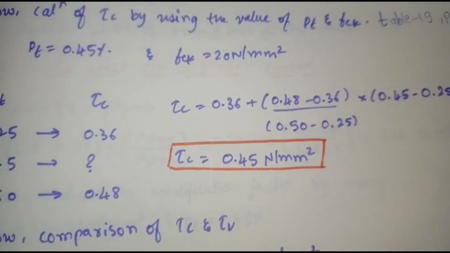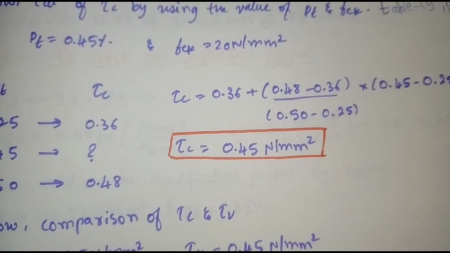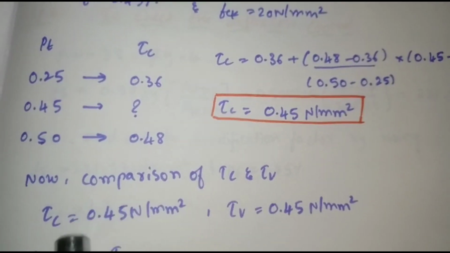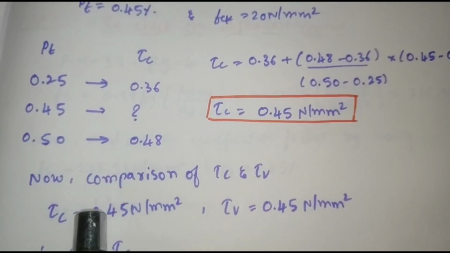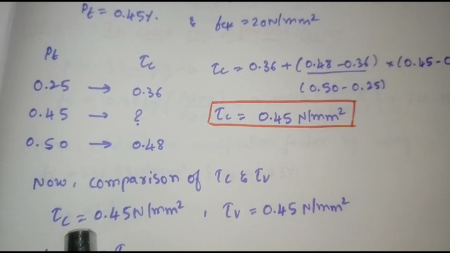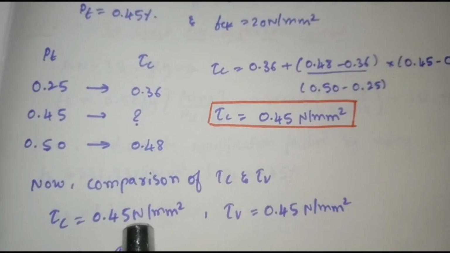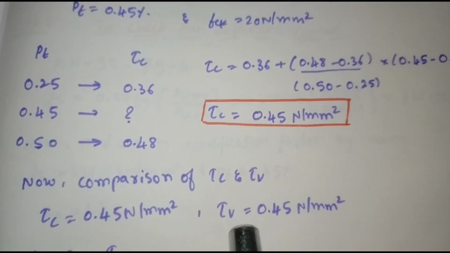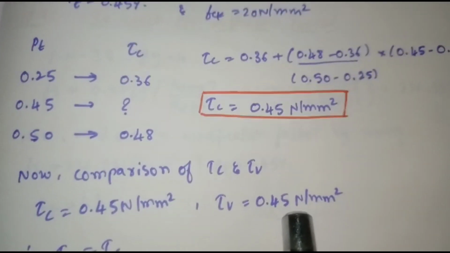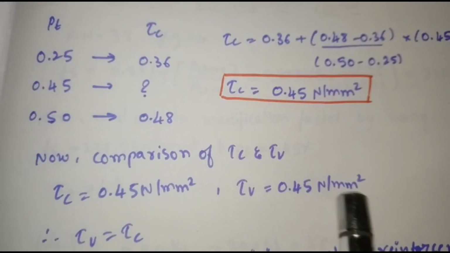So the next step is the comparison of tau C and tau V. So whatever values we have calculated, let's compare. Our tau C value is 0.45 Newton per mm square, and our tau V value is also 0.45 Newton per mm square.